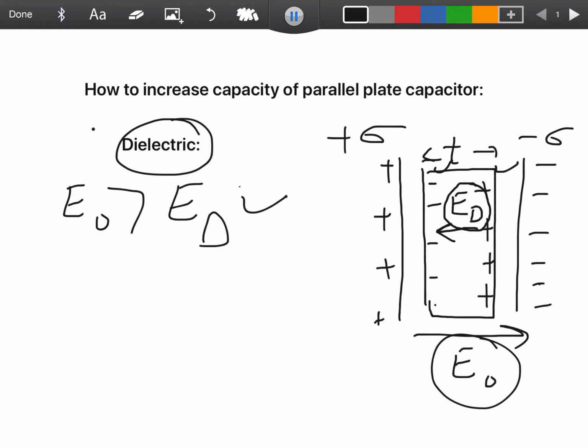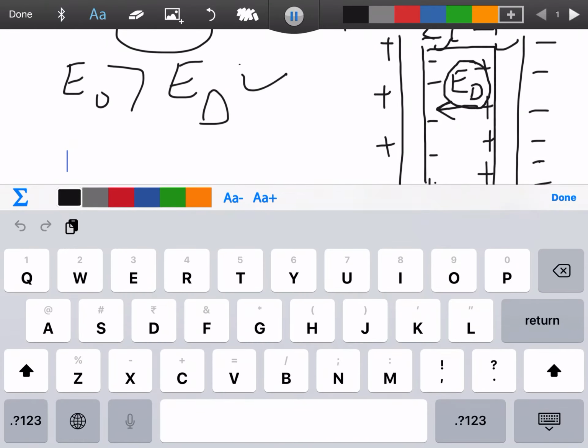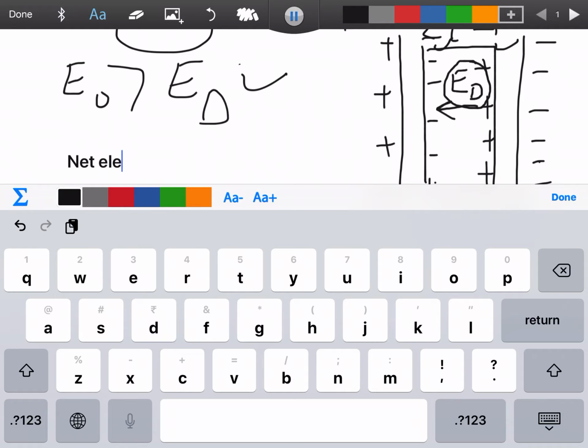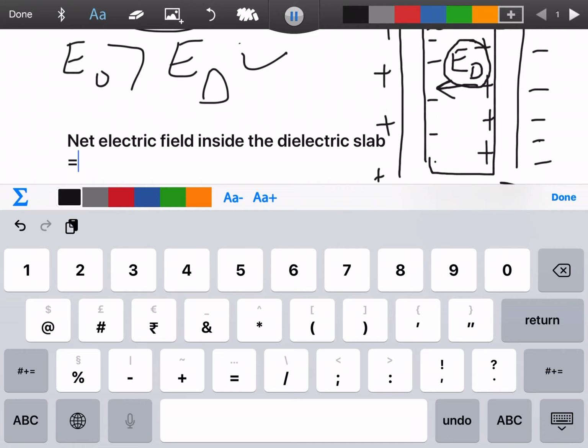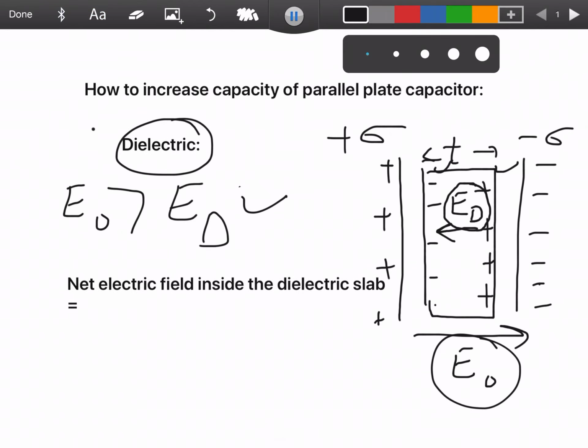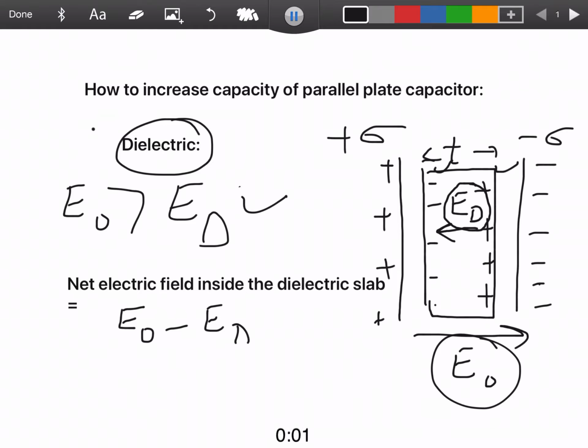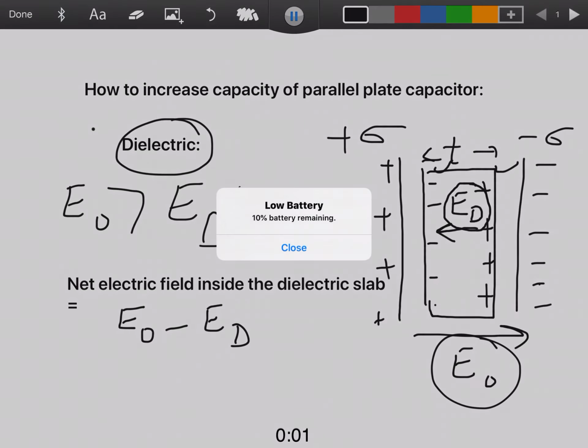Therefore, the net electric field inside the dielectric slab will be equal to E naught minus ED, because E naught and ED are in opposite direction.